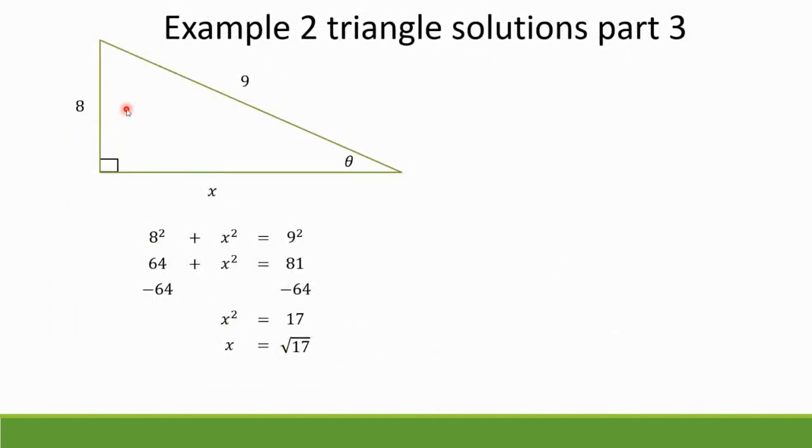So we have 8 squared plus x squared equal to 9 squared. If you wrote it as x squared plus 8 squared equals 9 squared, that's fine also. They're both the same.